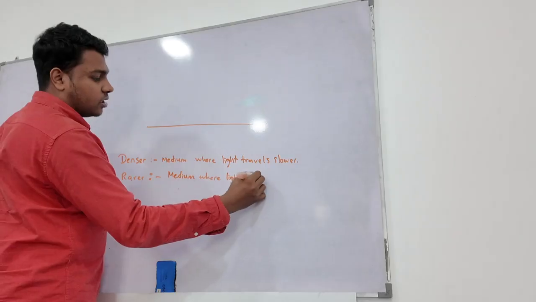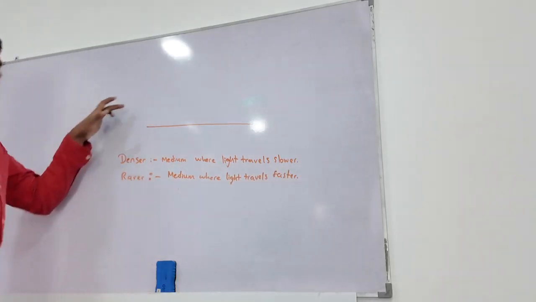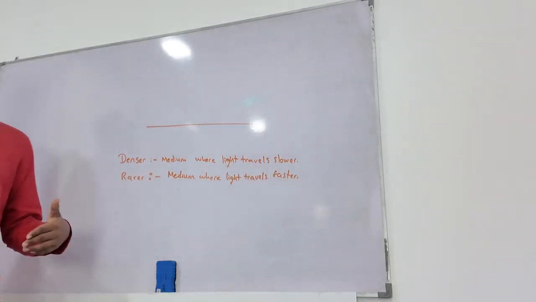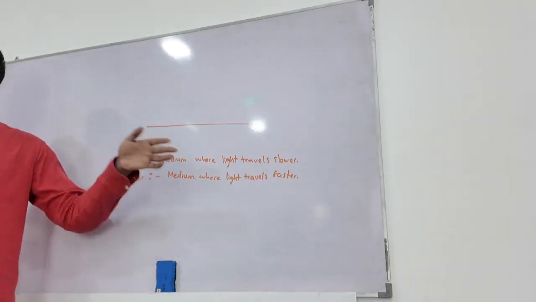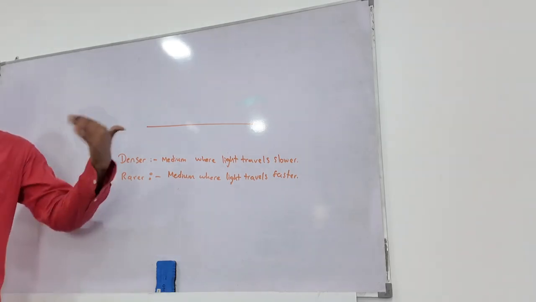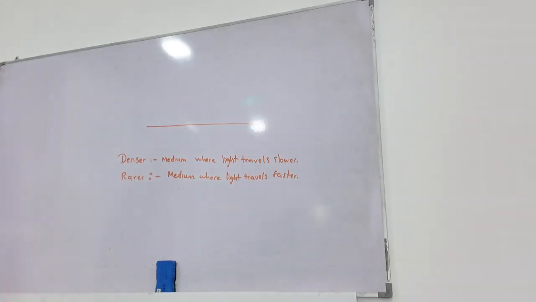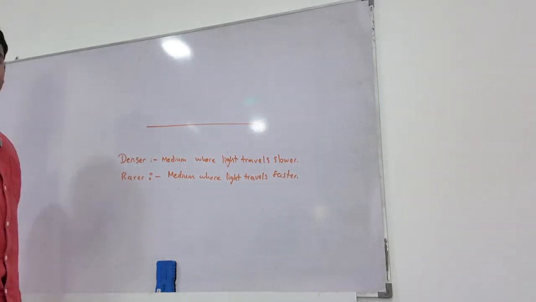Then this depends on the medium. For example, let's say you are given water and air. Water is the denser medium, air is the rare medium. If you are given glass and water, then water is the rare medium, glass is the denser medium. It depends on the two types of media you are given. So in this question, they have given glass and air.